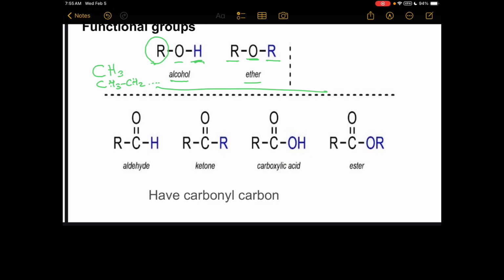Okay, now we have a group of molecules that we will call carbonyl carbon-containing molecules. The first one is the aldehyde. They all have the same setup. We start with R, R is connected to C, and C is connected by a double bond to O. This part is present in all of them.